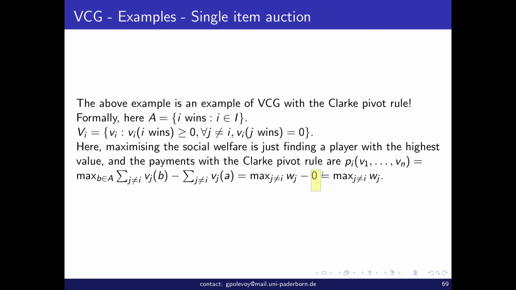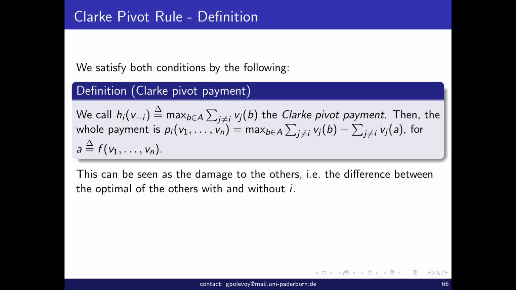They don't get anything. I'm talking about the value, the total value, the gain. So the Clarke pivot rule tells us that's what we should charge I: the second highest bid. And that rule, I remind you, is how the rule works in general.